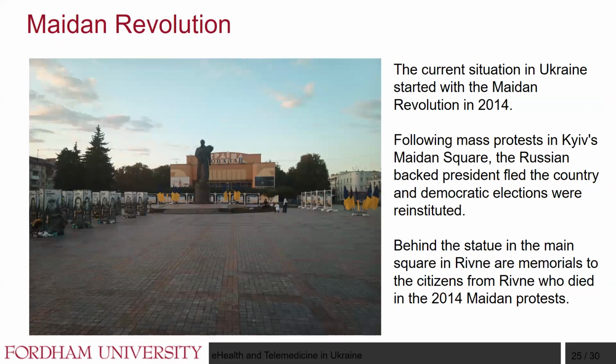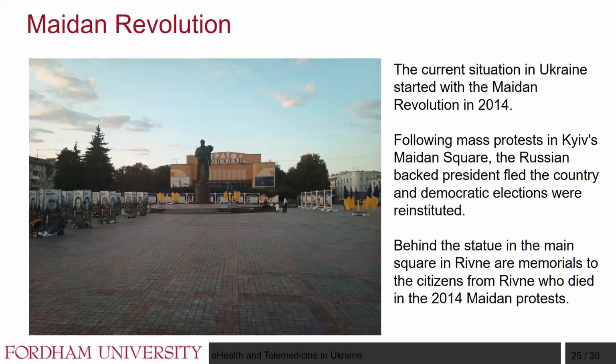I apologise if this is overly political, but having been to Ukraine, I think it's important just to mention a few things that are going on there. This is the centre of Rivne, the central square.